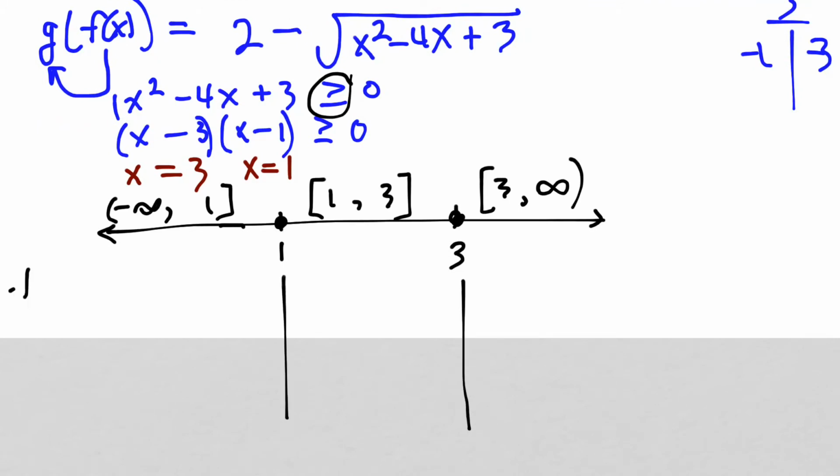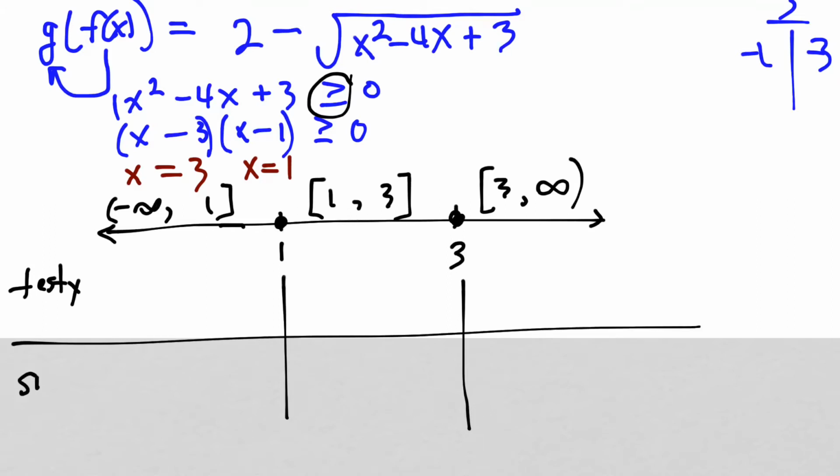I'm going to pick a test x, and I'm going to figure out what the sign is within those intervals and find the ones that qualify as positive. So I could pick some test numbers. So I just picked 0, 2, and 4. And I'm going to plug in those numbers into x minus 3 times x minus 1, and I'm going to figure out what my sign is.